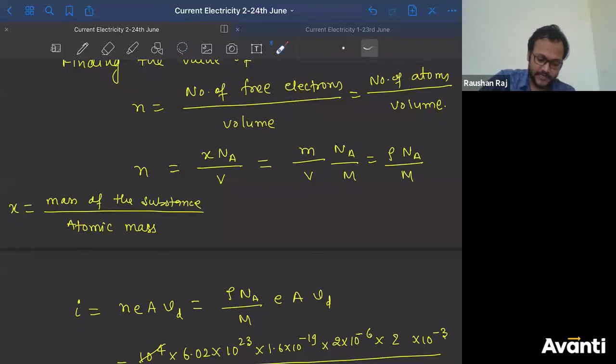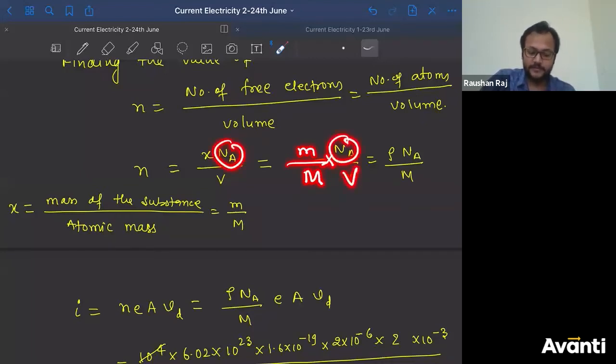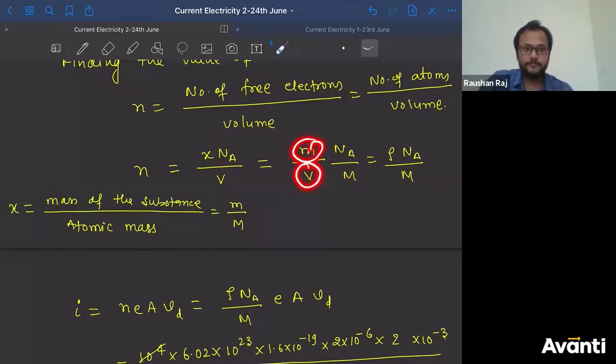So I have written this x as small m divided by capital M, into Na divided by V. Now I have just exchanged the places of m and V. So this m will be here and V has come here. What is mass by volume? That is nothing but density. So I have replaced m by V as density. So rho Na by capital M. Now put the values, you'll get the answer.